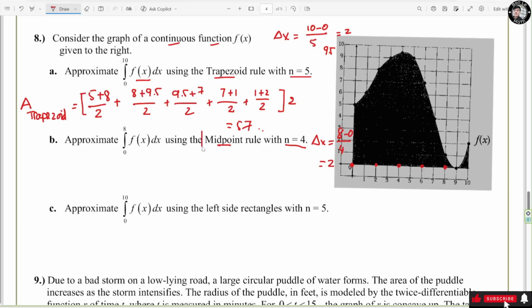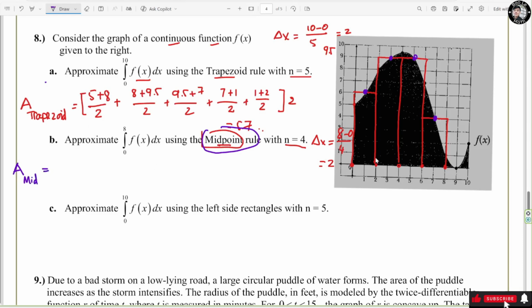Now, this one is the midpoint, right? Remember, we're going to use the midpoint rule. Make sure the midpoint should be on the graph, so it could be right here, here, here, and here. Now we're going to have the area using the midpoint, right?